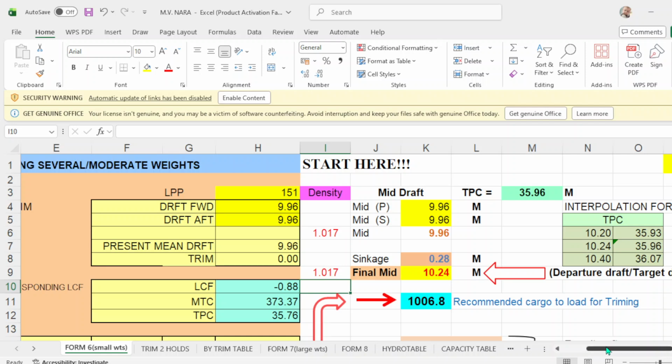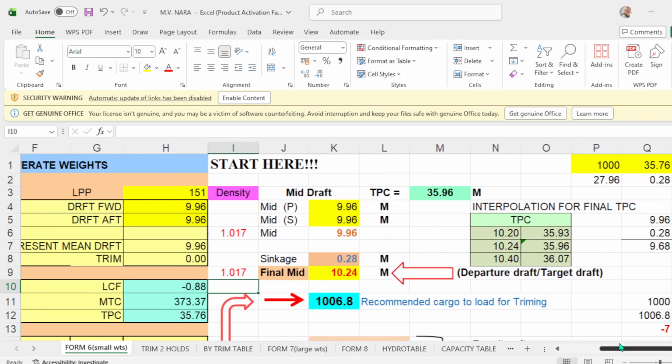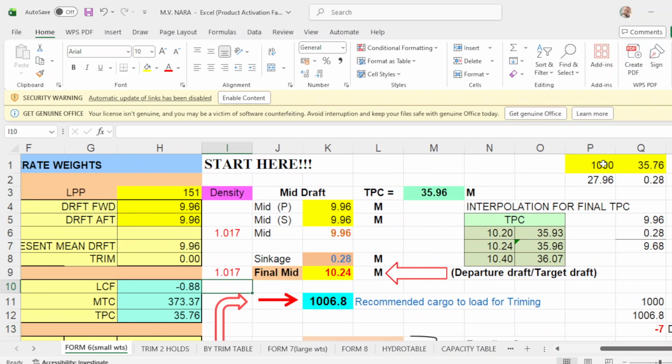Now, take note that the trimming for this kind of vessel is 1,000 metric tons. So 1,000 metric tons. Take note of this TPC, initial TPC. I put it here. So 1,000, you divide it by TPC, that will be 27.96 or roughly 0.028 meters. Okay.